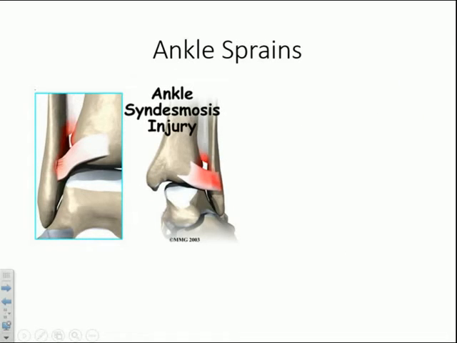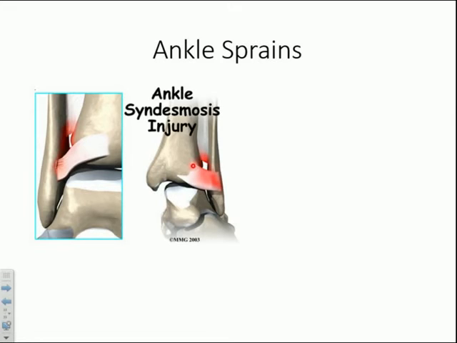Finally, we have what's called an ankle syndesmosis injury, more commonly referred to as a high ankle sprain. And this is a bit of a misnomer because when you think about it, it doesn't really involve the ankle itself. It's actually the tibiofibular syndesmosis which is affected in this situation.